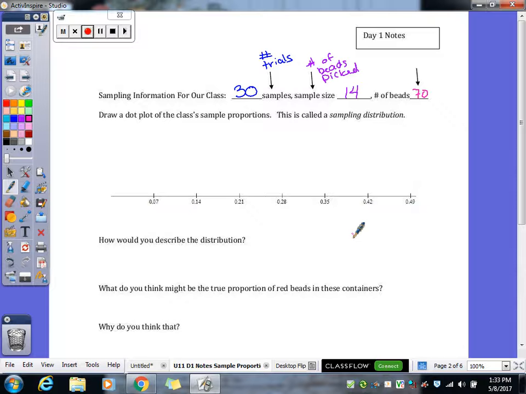So what we're going to do is quickly put a little dot plot of our data over there on the side. It doesn't have to be 100% exact. Kind of looks like we have 2 modes here.